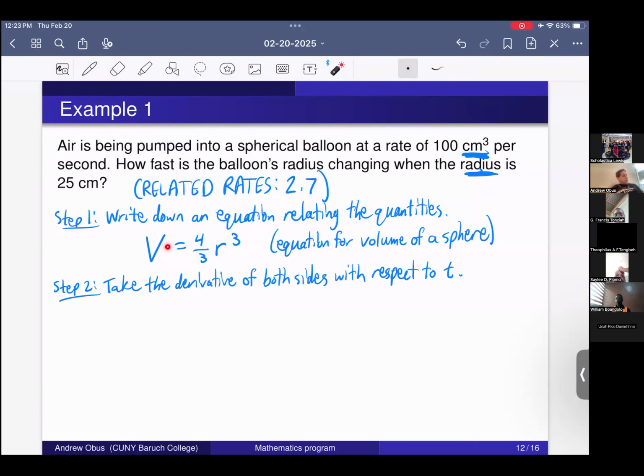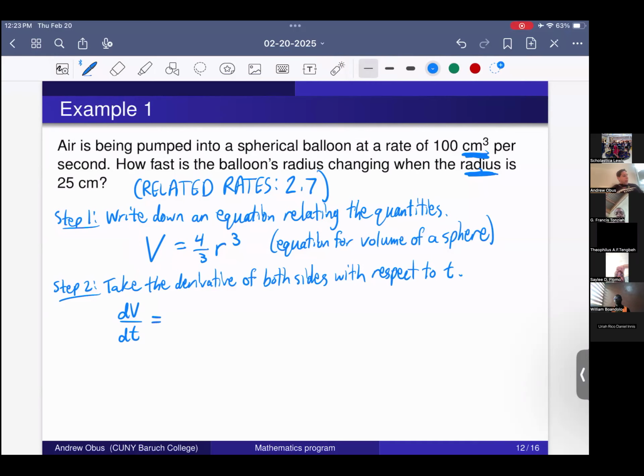The idea is we think of all of these things as functions of time: the volume is a function of time and the radius is also a function of time, right? Because the volume is changing with time and the radius is changing with time. So the derivative of the volume with respect to t is just dV/dt, right? That's what the rate of change with respect to time is, just the derivative.